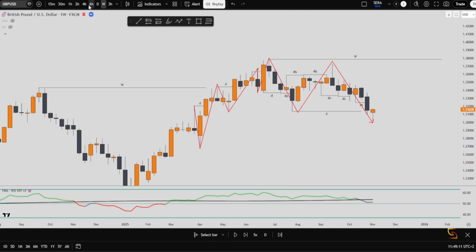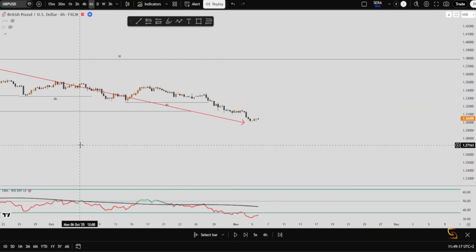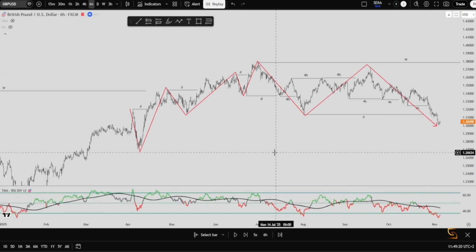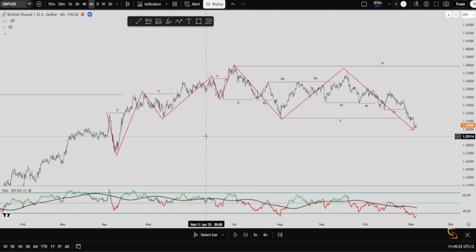But if we instead choose to zoom in slightly and use a 6-hour time frame to analyze the price action, we can see how the structure is fundamentally identical, but we have a vast amount of additional detail and can comprehend the overall picture much better.